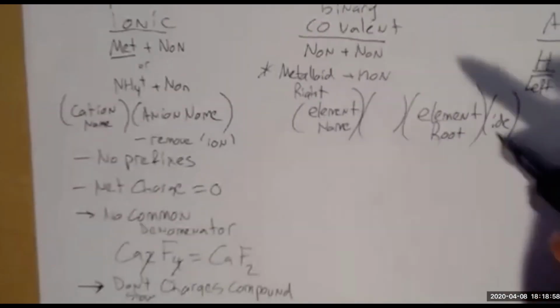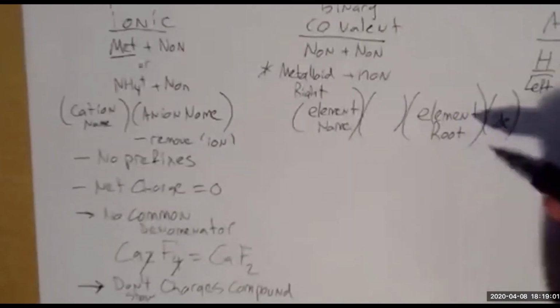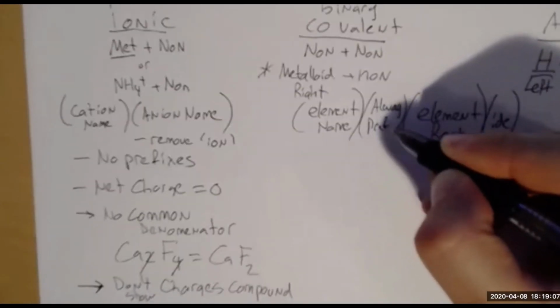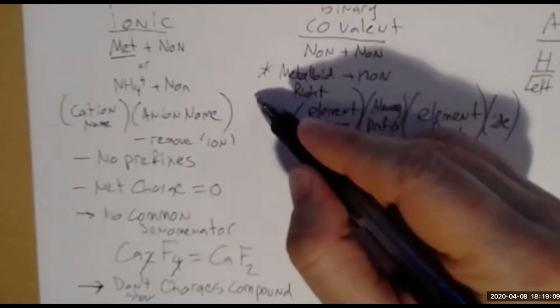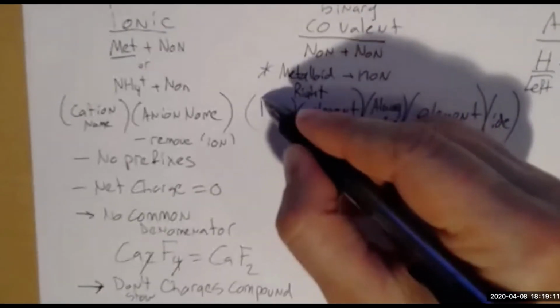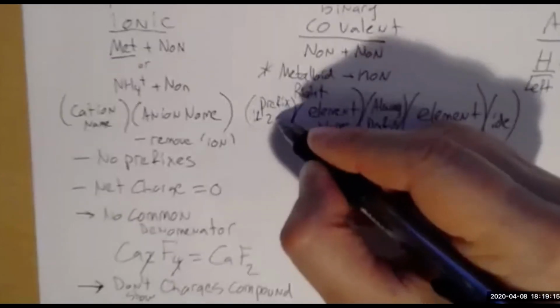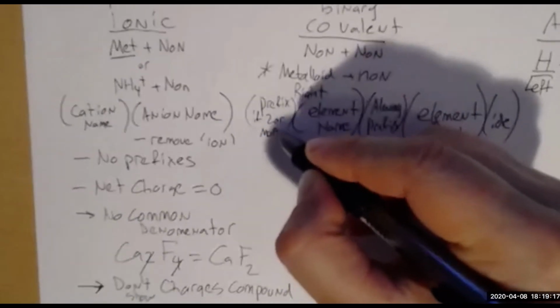The second element always has a prefix, and the first element will have a prefix if there are 2 or more.